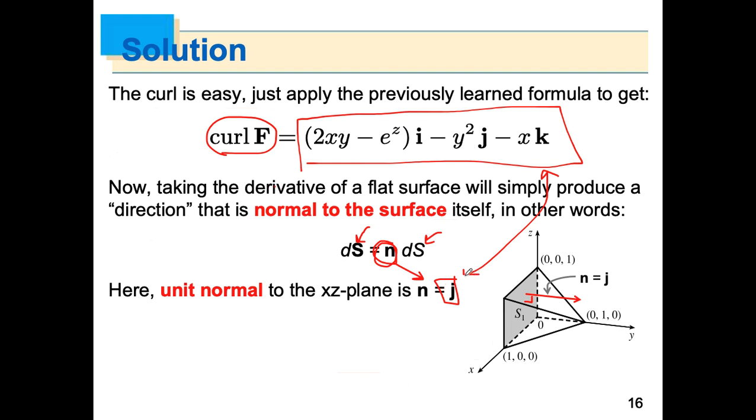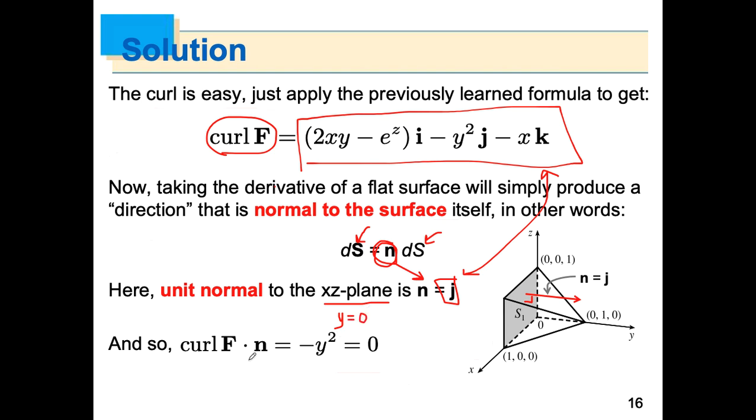So you will only multiply the components of the j term, which is going to be negative y squared times 1. And negative y squared times 1 is obviously going to be negative y squared, which just happens to equal 0. Now, why does it happen to equal 0? Well, as we already know, on the xz plane, y will always equal 0, obviously.